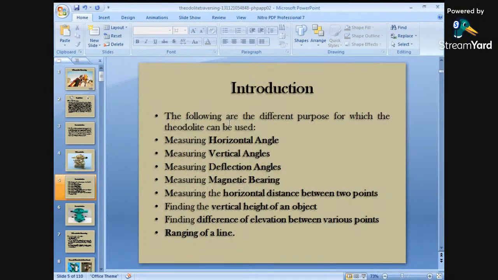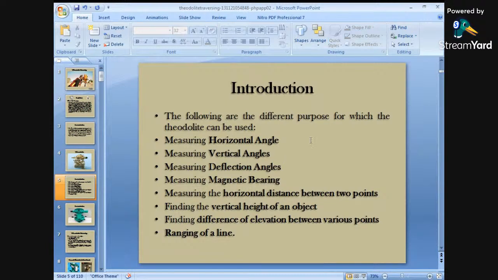As I've told you, it is not necessary that it is always used to measure only angles. It is used for various purposes. Some of the purposes are measuring horizontal angle and vertical angle. It can also be used to measure deflection angle, then for measuring magnetic bearing. After that, measuring the horizontal distance between 2 points. Then if we want to find out the vertical height of an object, that is also possible with the help of theodolite.